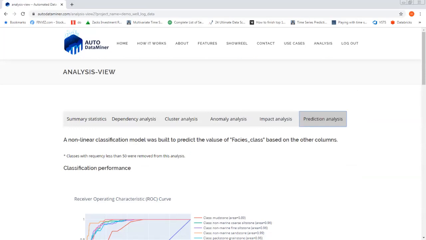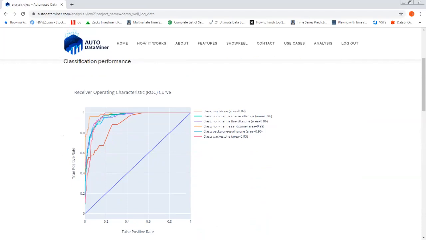In prediction analysis, we have provided our C curve. Here we have different classes, and numbers close to 1 mean a better prediction strength. You see all these classes, and in the majority of cases the system was able to predict the class in a very accurate way.